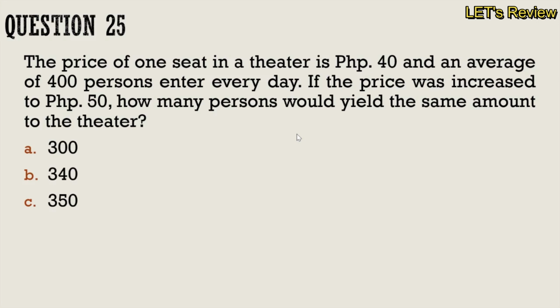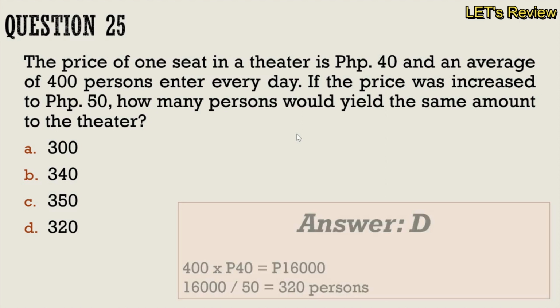C. 350. Or D. 320. The answer is D. 400 times 40 is equal to 16,000 pesos. So 16,000 divided by 50 is equal to 320 persons.